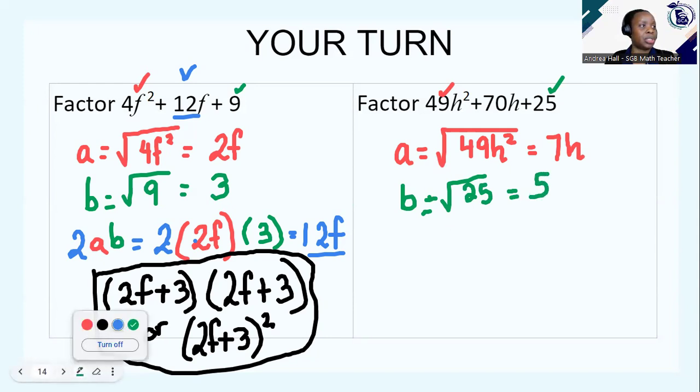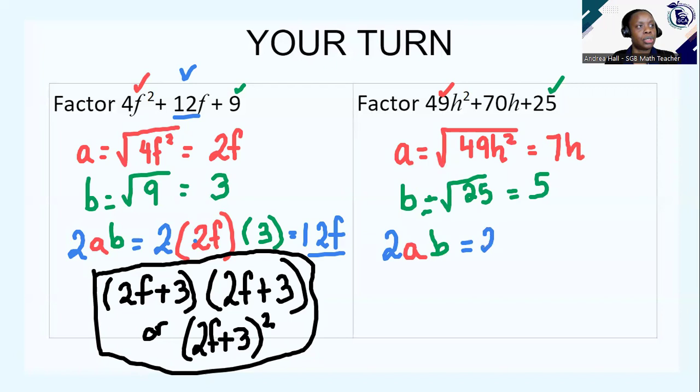Now, the last thing I need to check is 2ab. So that's equal to 2 times, in parentheses, A, which is 7h, times 5.